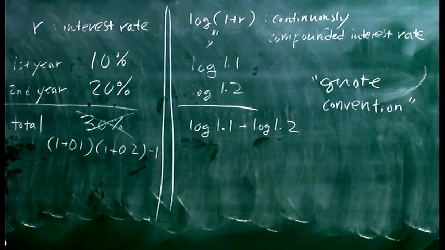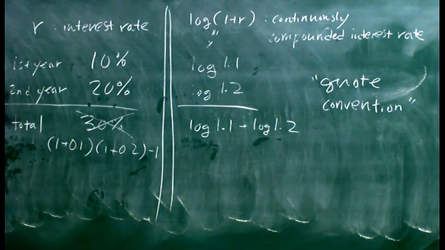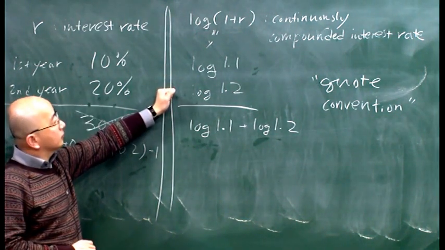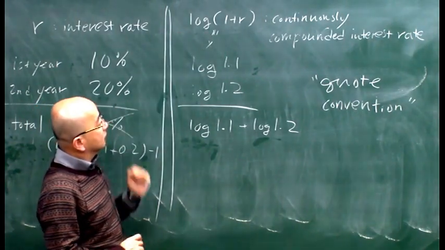So another way to say the same thing is, given a certain situation, you can calculate the regular interest rate after applying all the compounding. Once you get the regular interest rate, you can convert it into the continuously compounded interest rate using this formula.